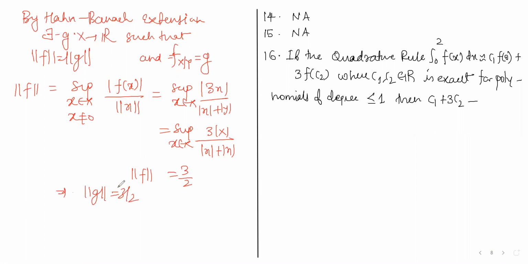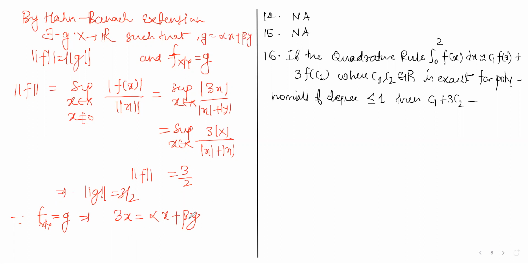And now let's see what conditions we get on f and g. Since I know that the restriction of f is the same as g, this implies 3x will be the same as alpha x plus beta y, so that g is equal to alpha x plus beta y. I'm sorry, I did not mention it.